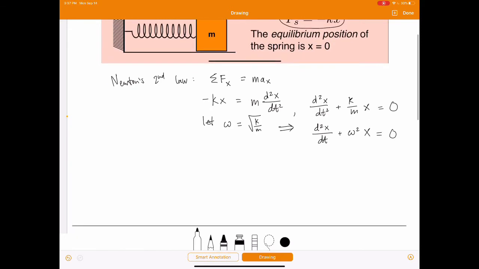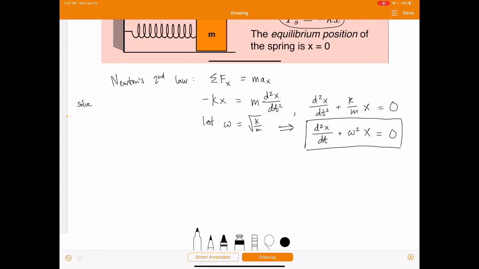Okay, so we'd want to solve that differential equation, this one in the box, to get x as a function of time.